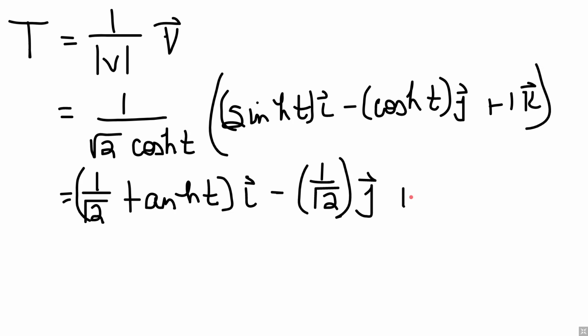And then we're going to end up with plus 1 over the square root of 2 times secant hyperbolic of t in the k direction.